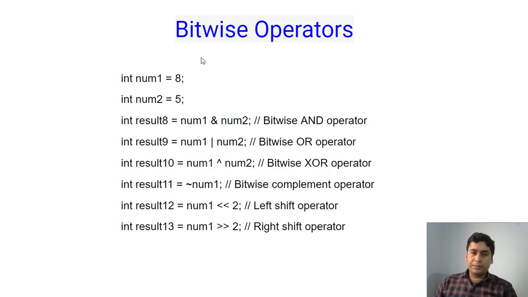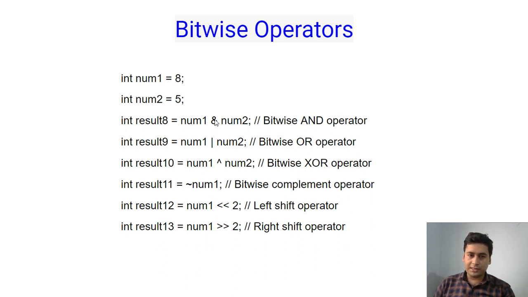These are the bitwise operators, int num1 equal to 8 and int num2 equal to 5. Here we have defined two variables, and we are doing operations with them. You can see int result equal to num1 and num2 with the bitwise and operator.